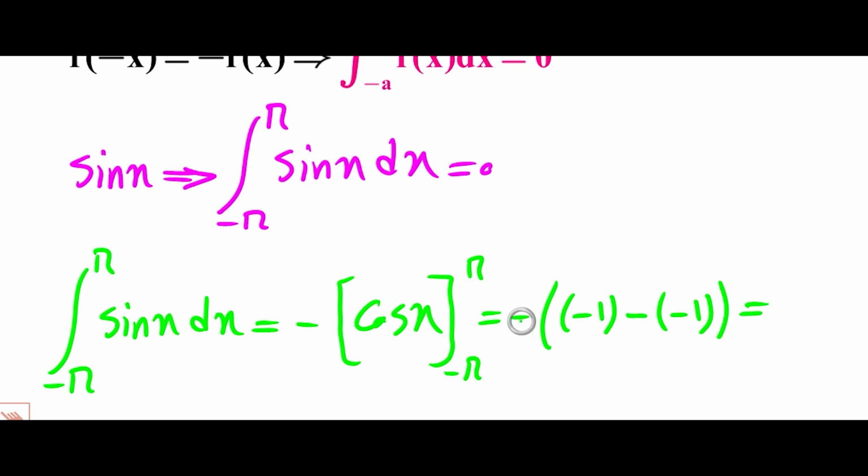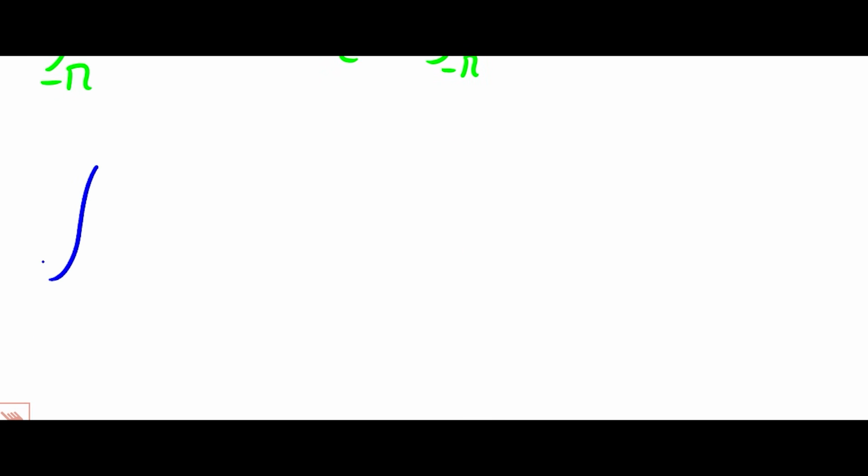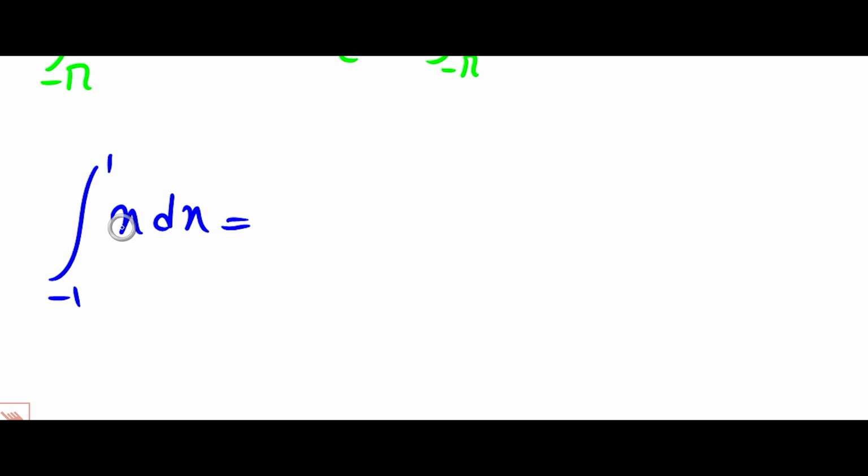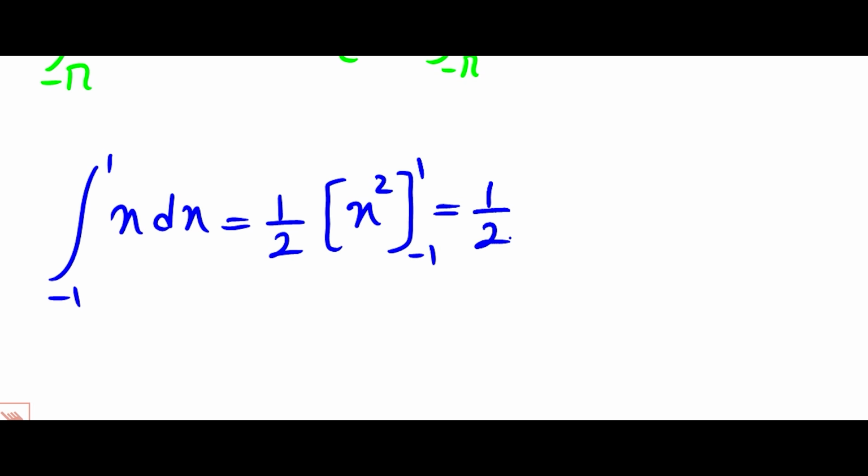So we have negative 1 minus negative 1, which is 0, right? Or the integral of x dx from negative 1 to 1 equals the integral of x, which is 1/2 x squared, from negative 1 to 1, which equals 1/2 times 1 squared, which is 1, minus negative 1 squared, which is 1.